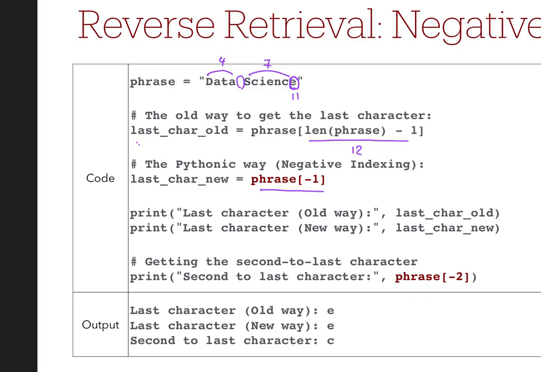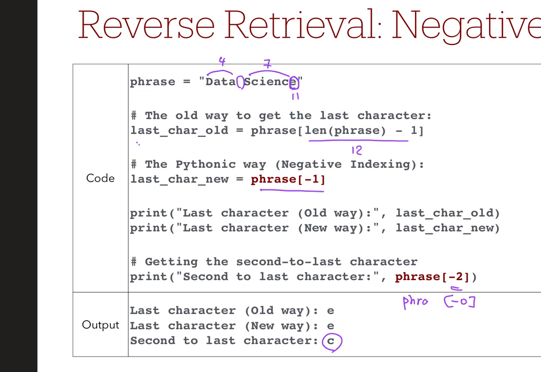And if you want to access the second to the last element, then you can just use -2 as an index value. So -2 will access the letter C, which is the second to the last element of the string. So, please, as I said, you do not consider -0.